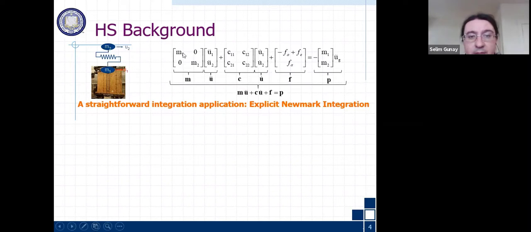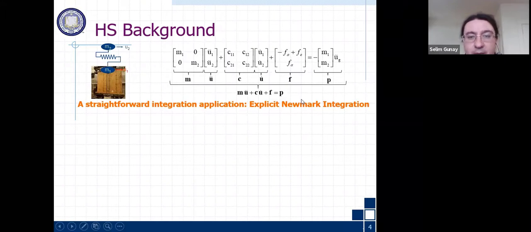Here, we know the mass matrix, the damping matrix, and the excitation force vector on the right-hand side. We use these numerical integration methods to solve for the unknown quantities of accelerations, velocities, displacements, and the corresponding restoring forces.